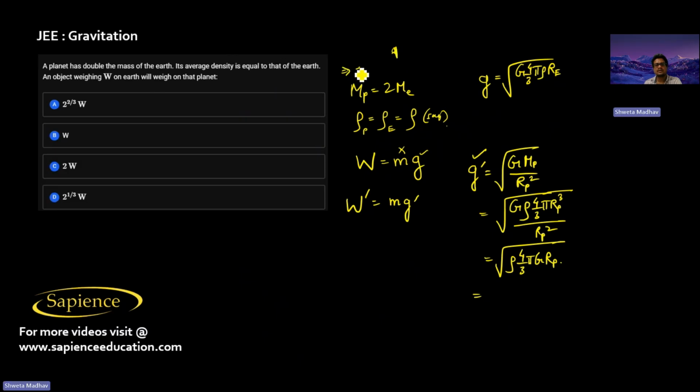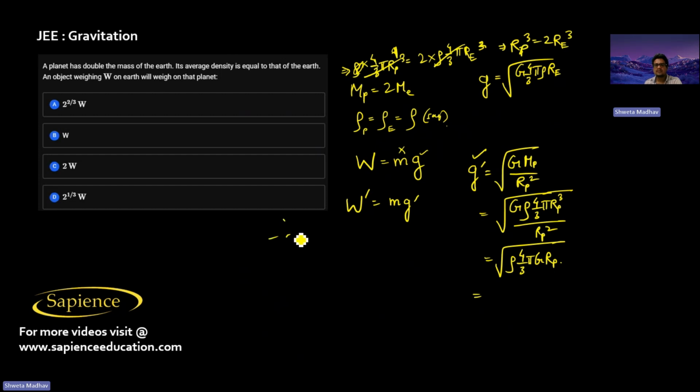That means we can say density of that planet into 4 by 3 pi RP cube is equal to twice the density of Earth into 4 by 3 pi RE cube. So this will get cancelled, and the density also will get cancelled.